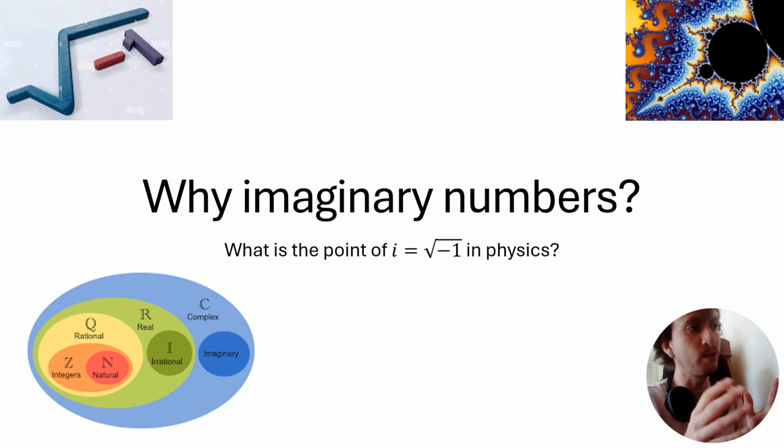So the focus of this will be why do physicists bother with imaginary numbers, particularly because if we think about physical quantities, there seems to be a massive mystery around why we bother with imaginary numbers.